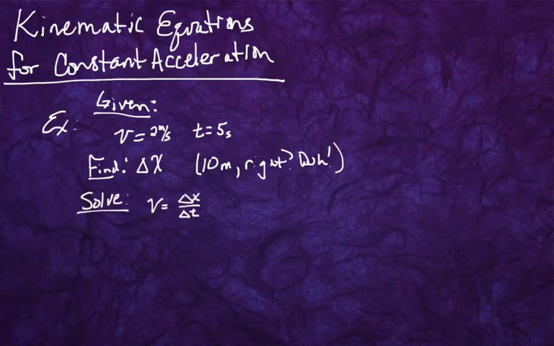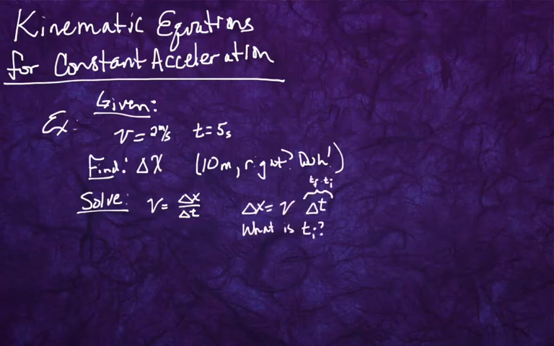So we know that v equals delta x over delta t, which means delta x, if we multiply by delta t, equals velocity times our change in time. What is our initial time going to be? If we go from when I start walking, our time will be 0 seconds, which makes t_i go to 0.